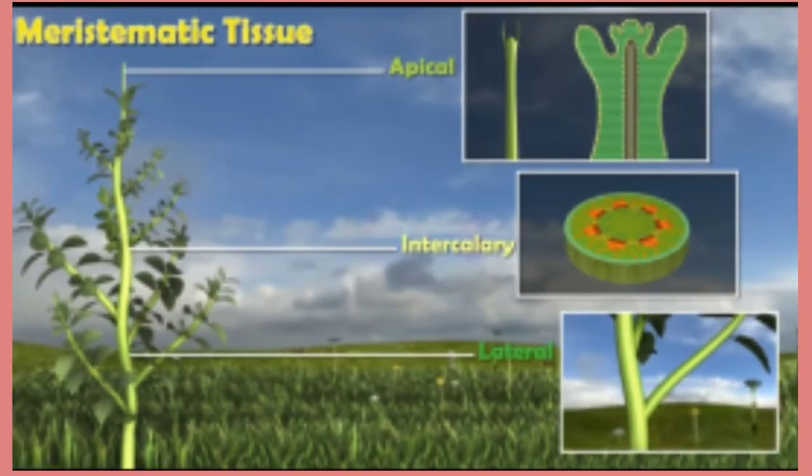Apical meristem is present at the tip of the root and stem, and it increases the length of the root and stem.